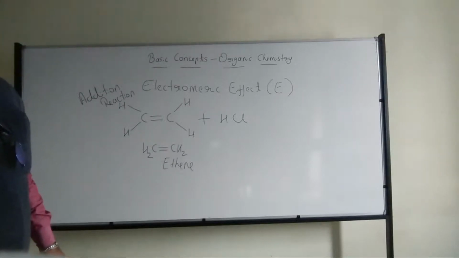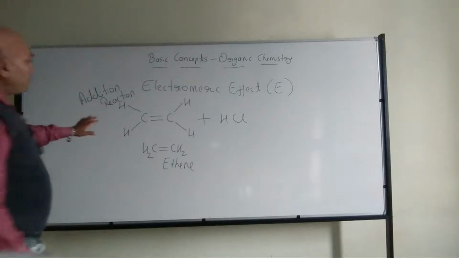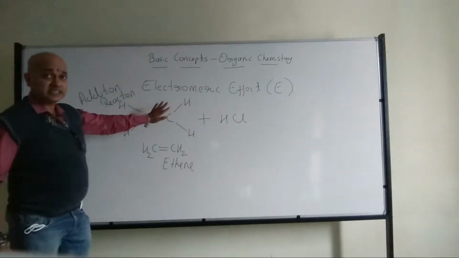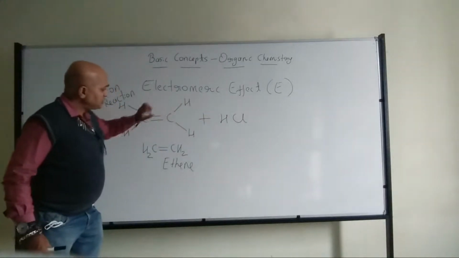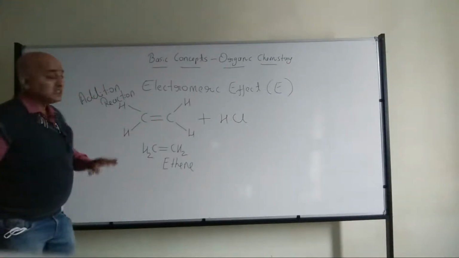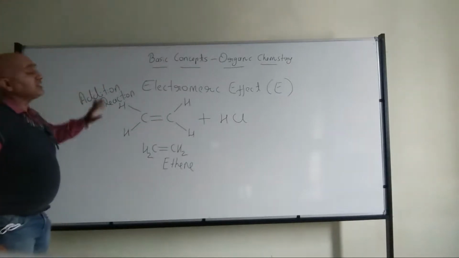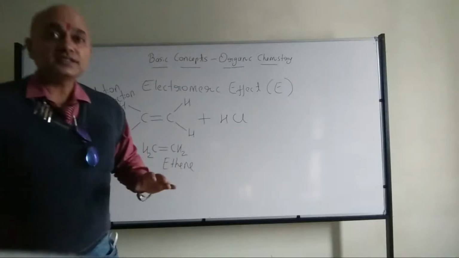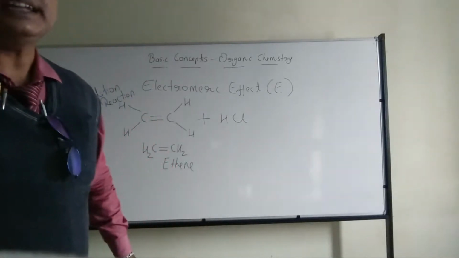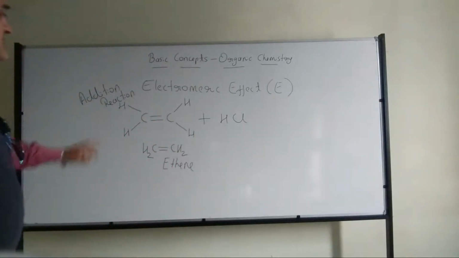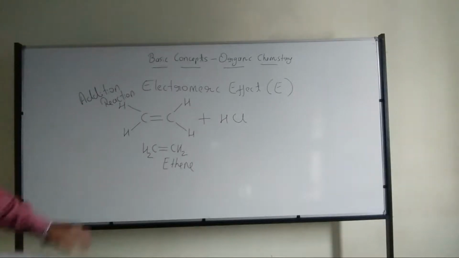During the reaction, once the product is formed, nothing will be removed from this particular ethene. Instead of that, there will be addition of an extra element. That's why it is called an addition reaction. It is C2H4.